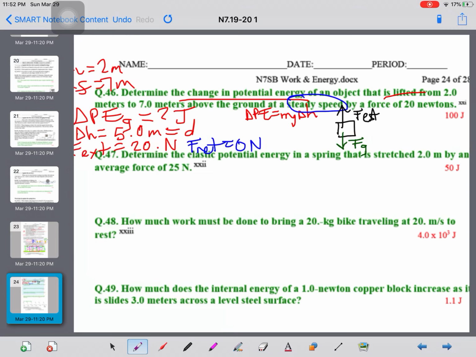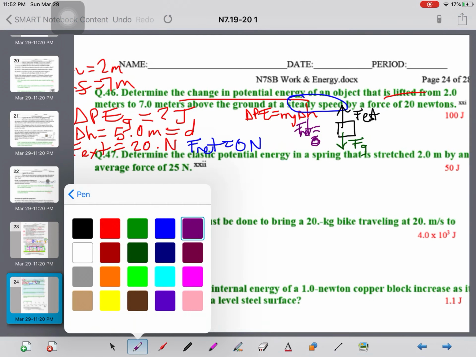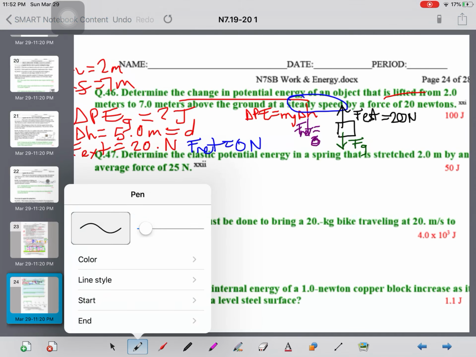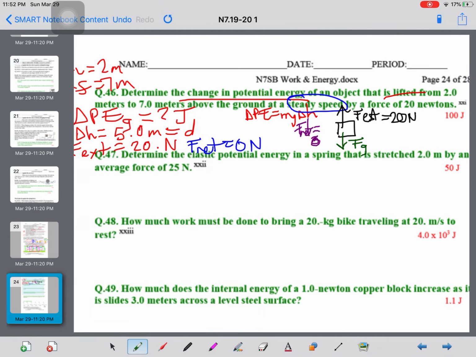Look at this, nice, getting the colors right and all that. F net is 0. They said at that steady speed, straight up. And so you know that the F external, they already told you is 20. And then the FG, 20 newtons. The FG must also therefore be 20 newtons.